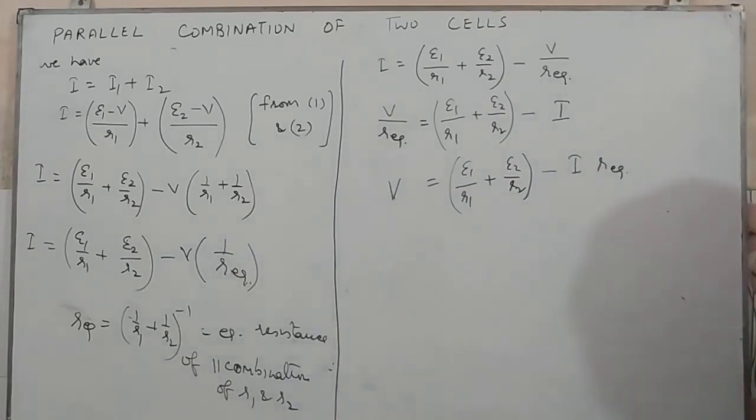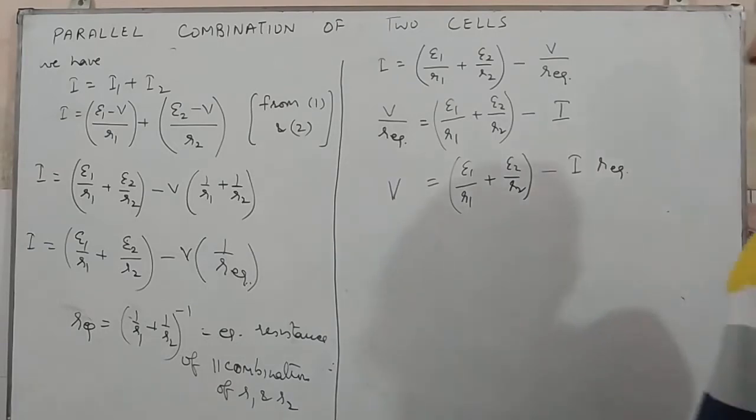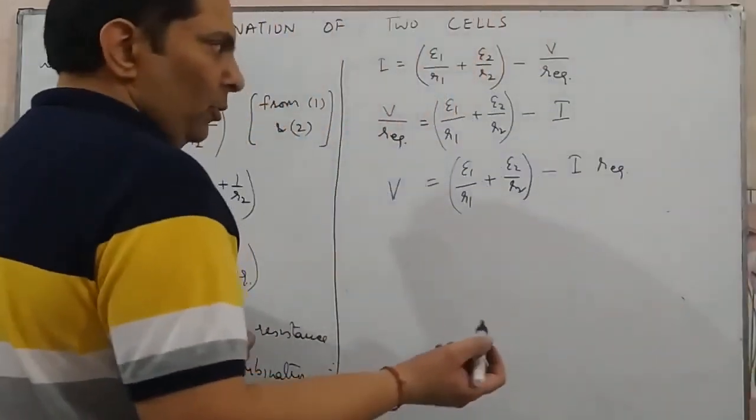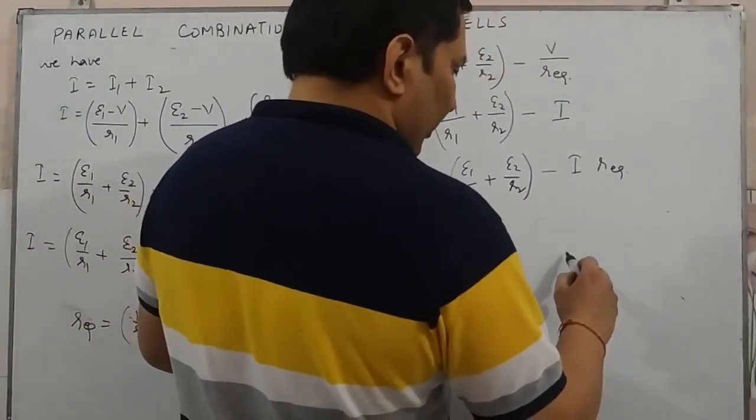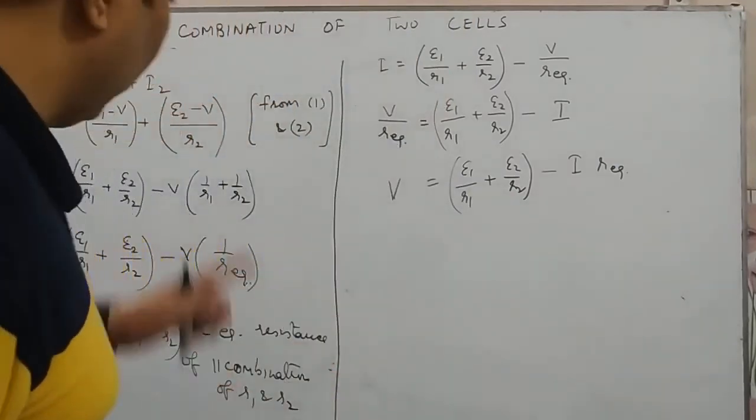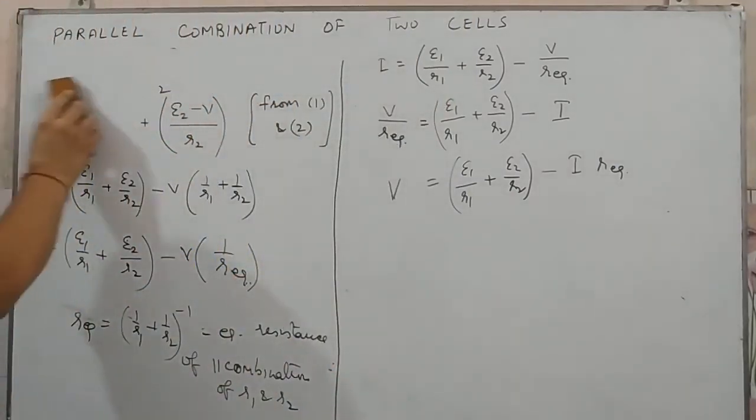So this is the final result you are looking for. How? Suppose between the two points, this was that, so I am drawing this diagram here.